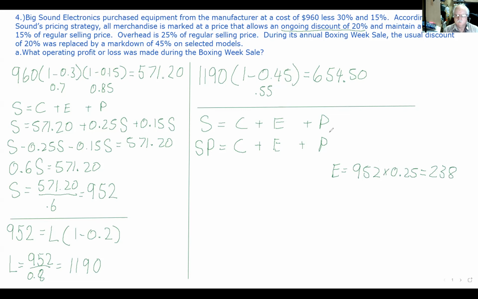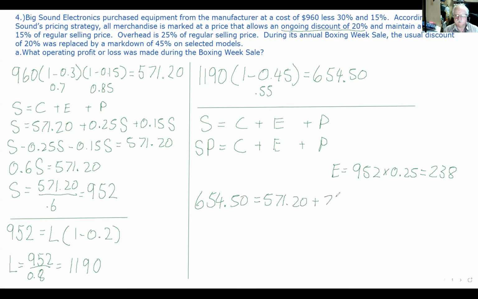So we're going to solve for profit or maybe loss. We know that their selling price during the sale was $654.50. We know their cost, somewhere up here, $571.20.